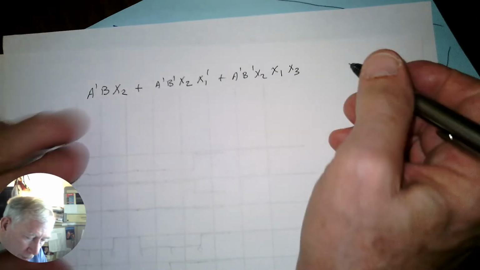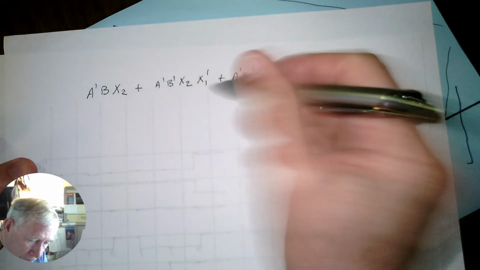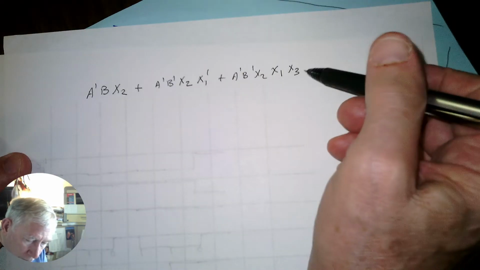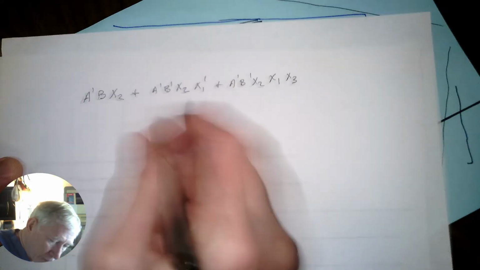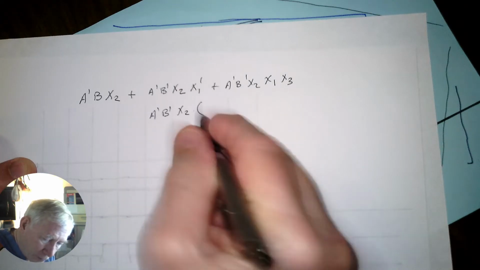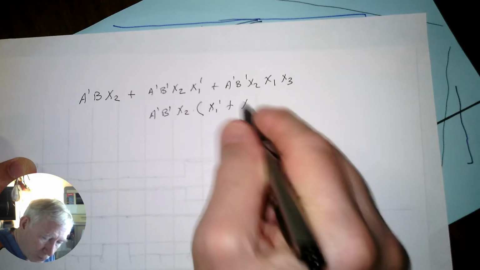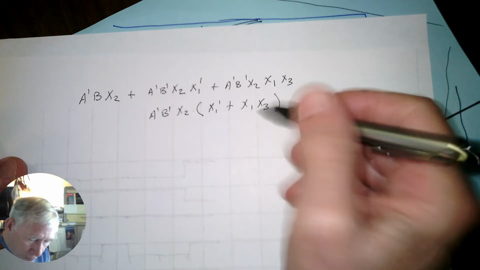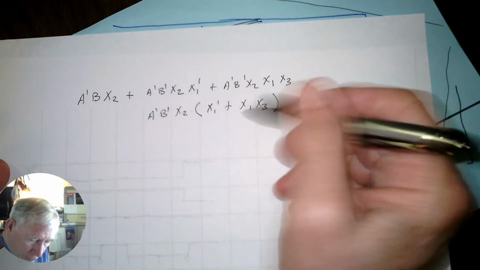So we can write this as A prime B prime x2 times (x1 prime plus x1 x3), and we should be able to eliminate the x1 here, so x1 prime x3.